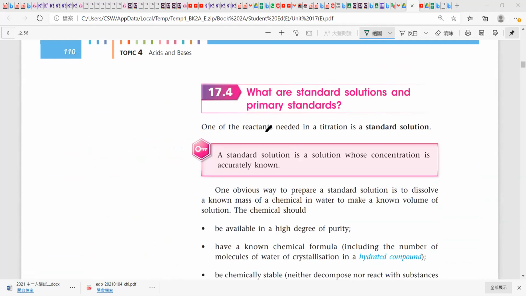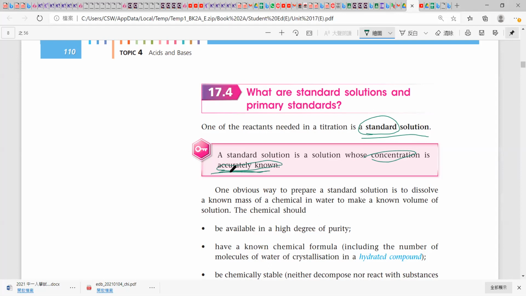Okay, is that clear? So 13.4. So first to start with, everything we need to tackle those procedure one by one. First of all, to get the standard solution. What is meant by standard solution? A very strange term. Standard solution, 標準溶液. So standard solution is a solution in which its concentration is accurately known.